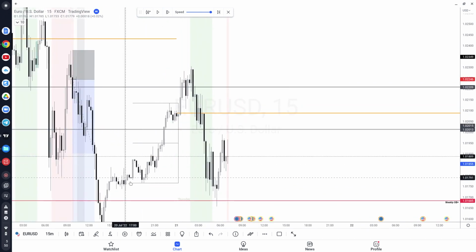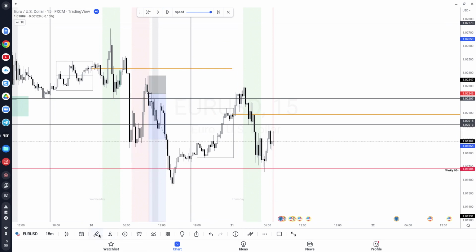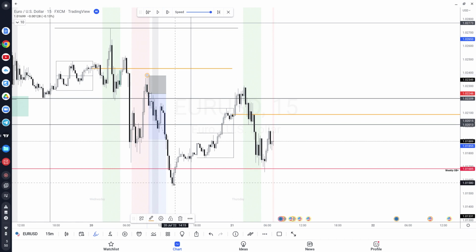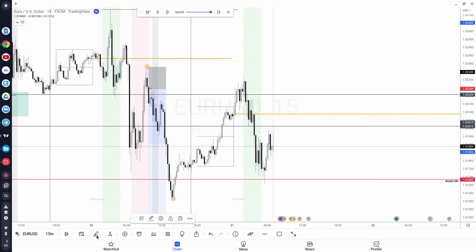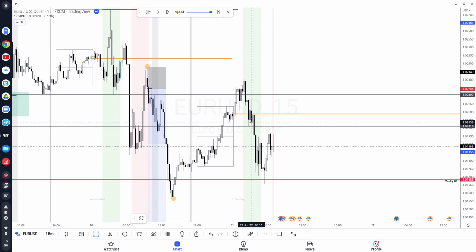Asia low is taken. But what we have to keep in mind is in terms of a dealing range, we are in between this high and this low, right? So I would possibly, if time presents, take trades, shorts from this area here.